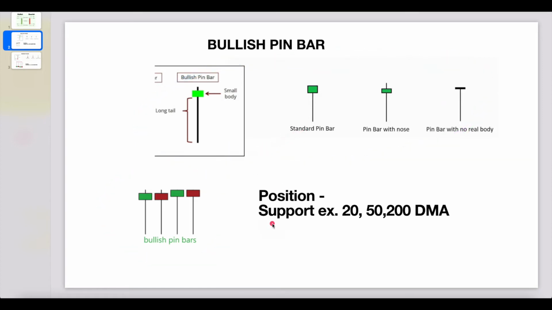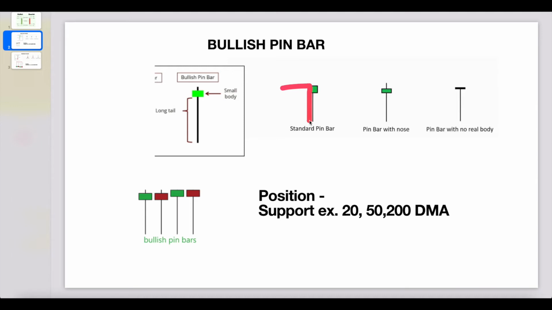Now, what is the concept of the bullish pin bar and what is happening that makes a pin bar bullish? Suppose the stock opened over here and went down. Seller pressure is there, profit booking is there, or the bear is taking control.